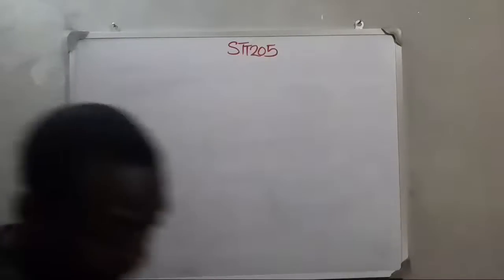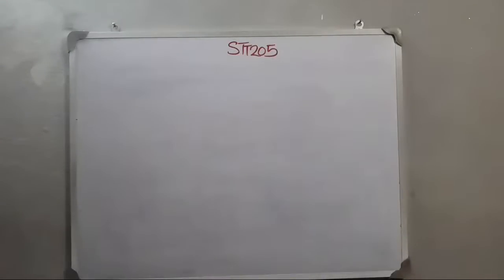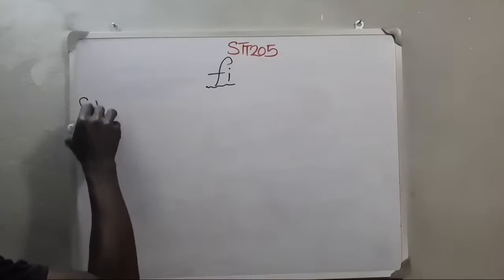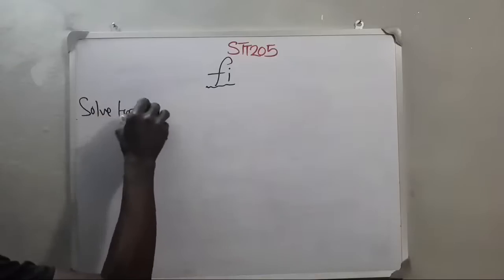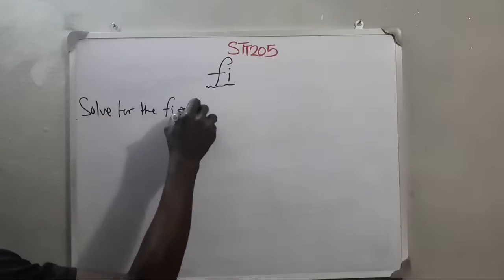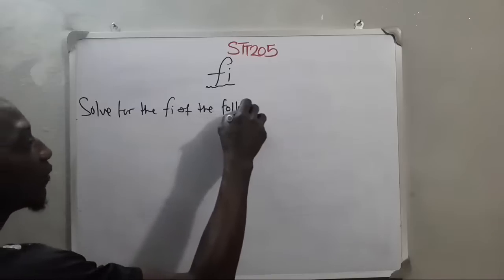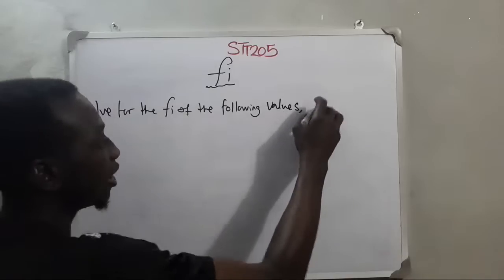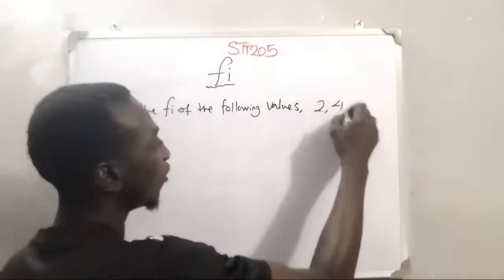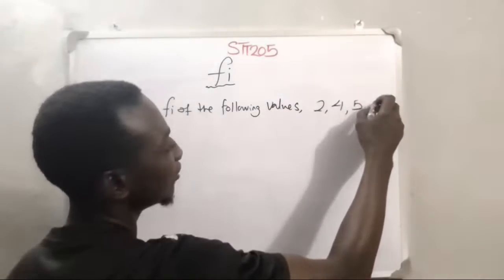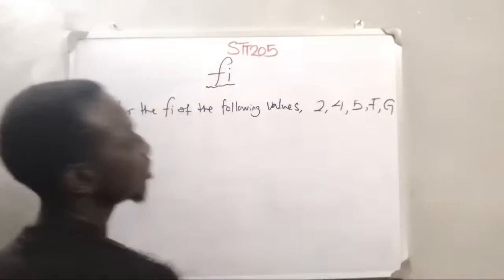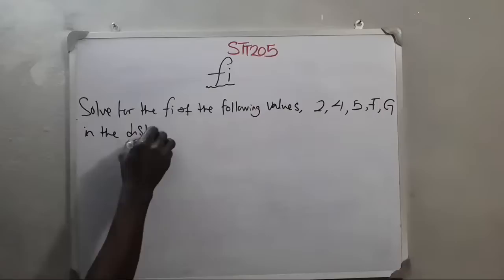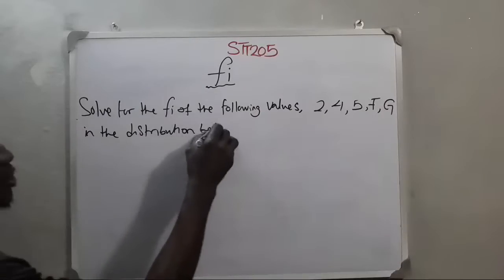So I've taught us two different methods you can use for solving for frequency distribution. We have Fi. Solve for the Fi of the following values: we have 2, we have 4, we have 5, we have F, we have G, in the distribution below.